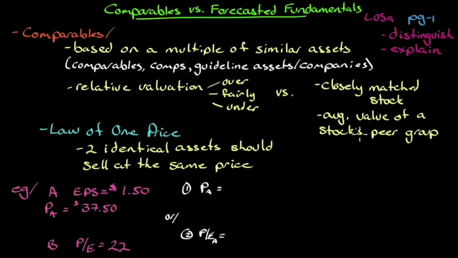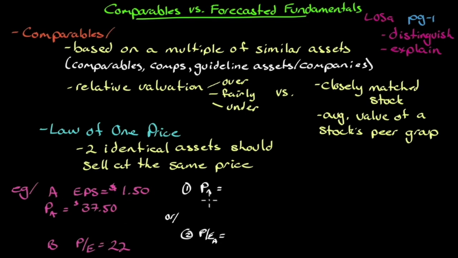So let's look at an example of what we mean by comparables. I think everybody knows what they are, but let's just make sure we got it straight. Let's say company A has earnings per share of $1.50 and it's selling for $37.50. We've identified a closely matched stock. Company B has a PE of 22. So we can approach this in one of two ways.